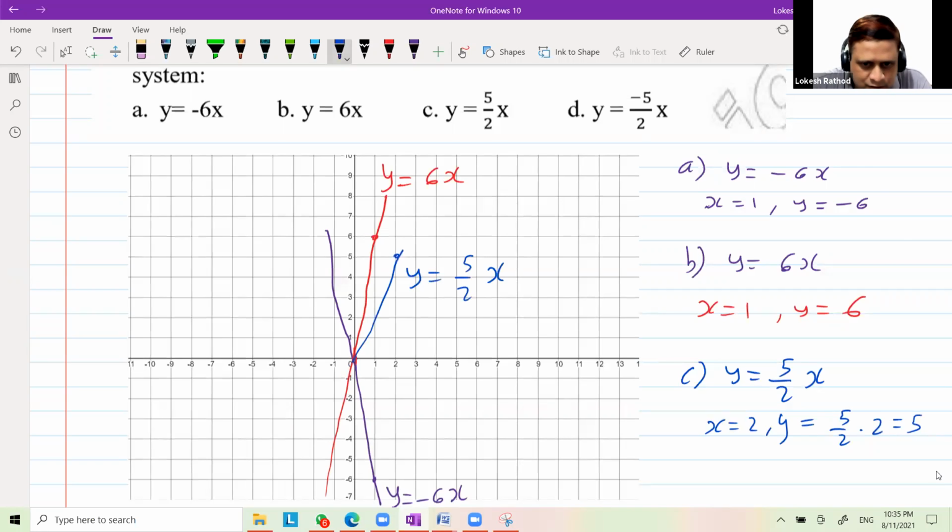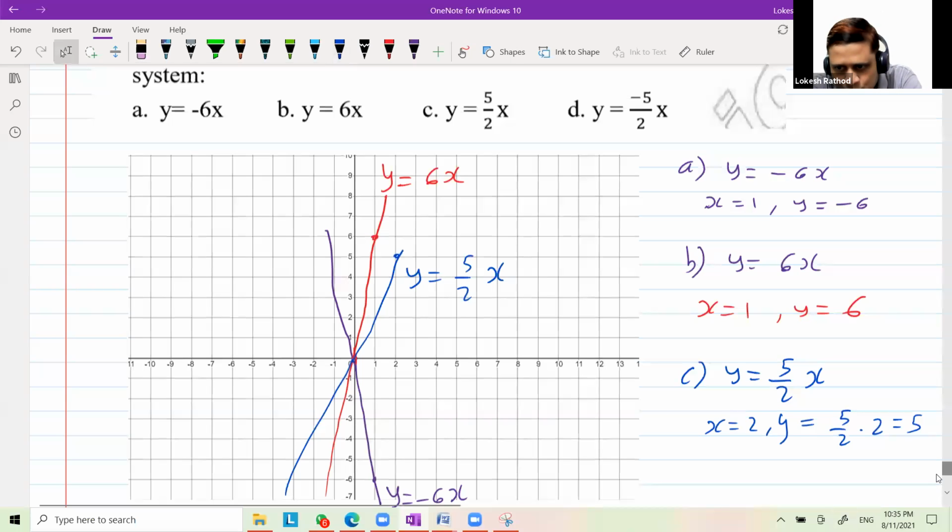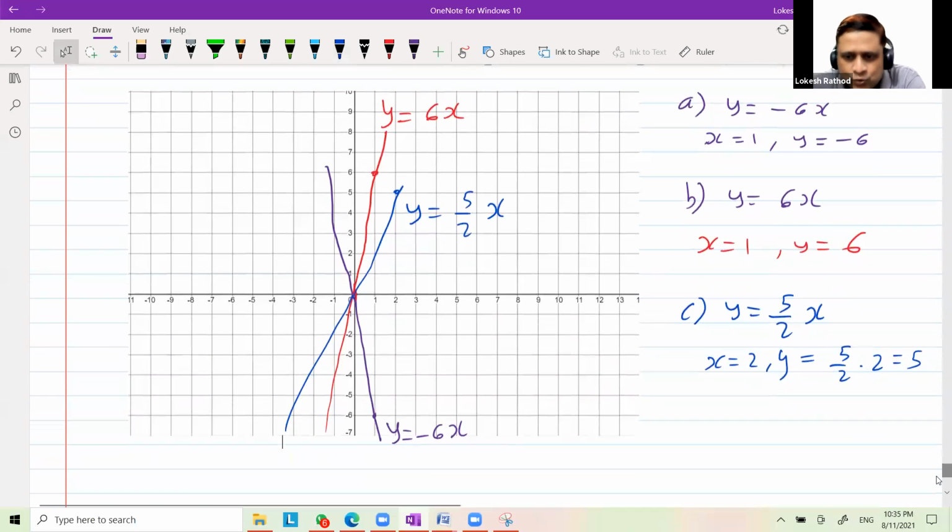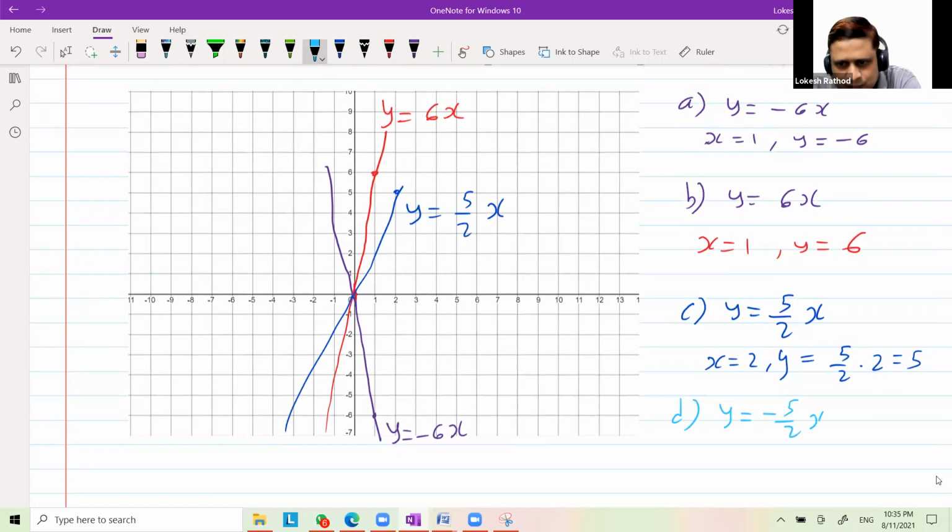It's a straight line, just consider it a straight line. Then we have y equal to minus pi over 2x. Minus pi over 2x will be like this. Through the origin. So when x is 2, y is minus pi. So this is the point.